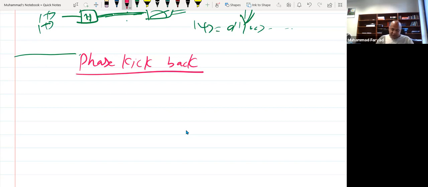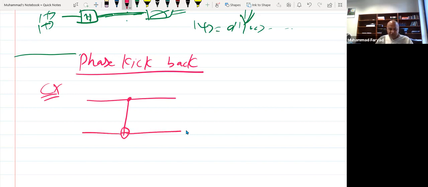So let me get back to this control X gate. When anyone thinks of this controlled X gate the first time, they picture it like this. That control remains the same. Nothing happens to the control, and target is XORed with the control. And we can get entanglement and so on.